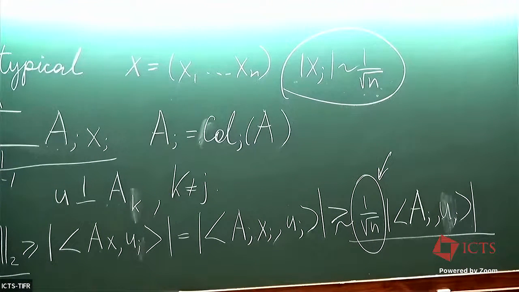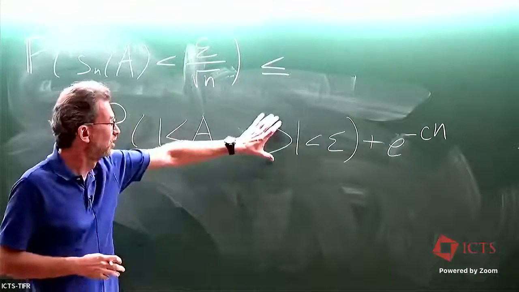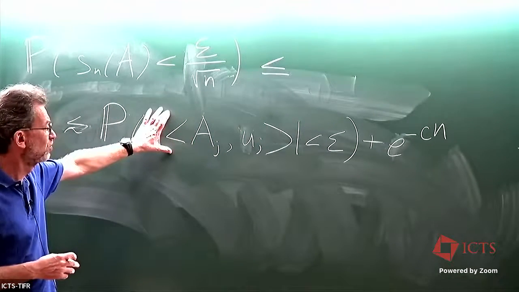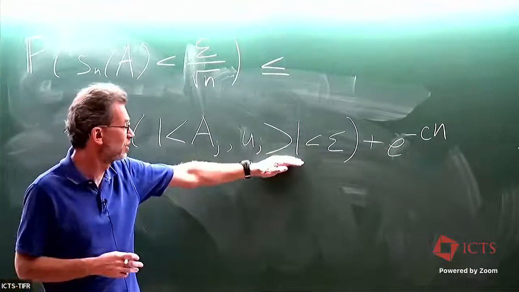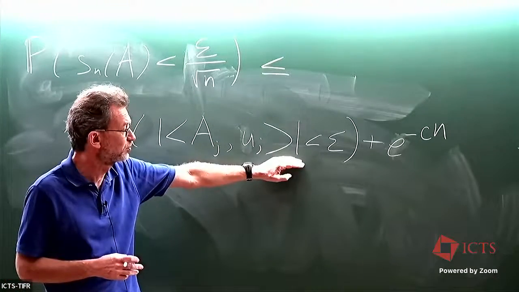But we were able to reduce the minimum over the sphere to just the upper bound on the probability that this inner product is small.